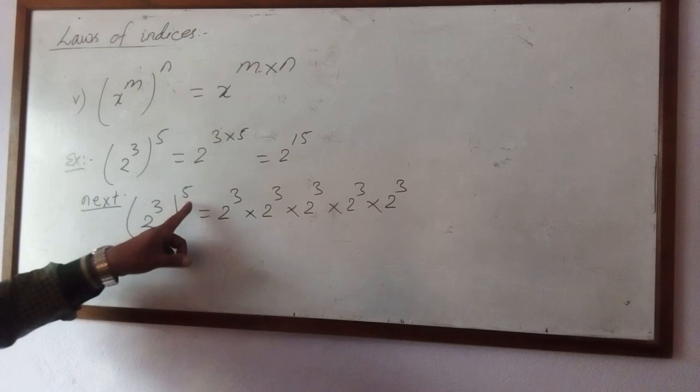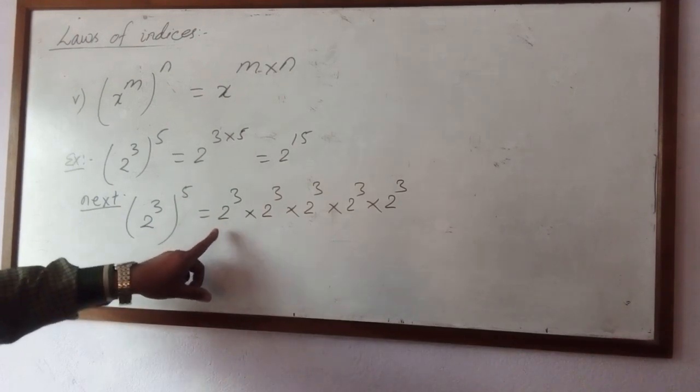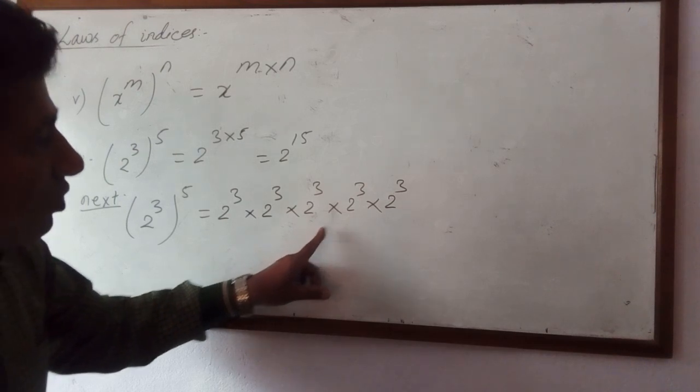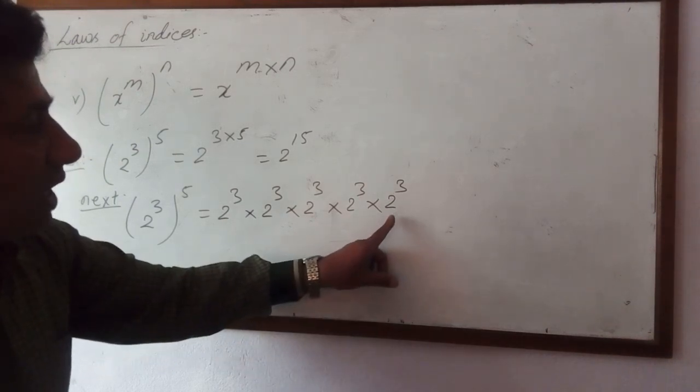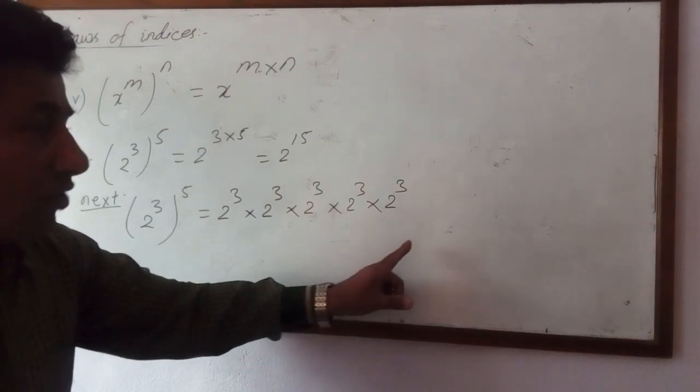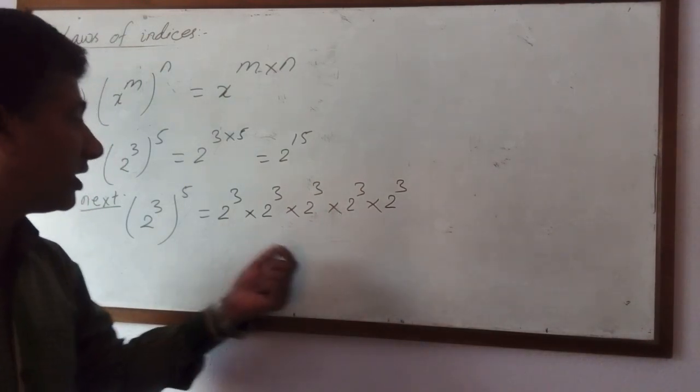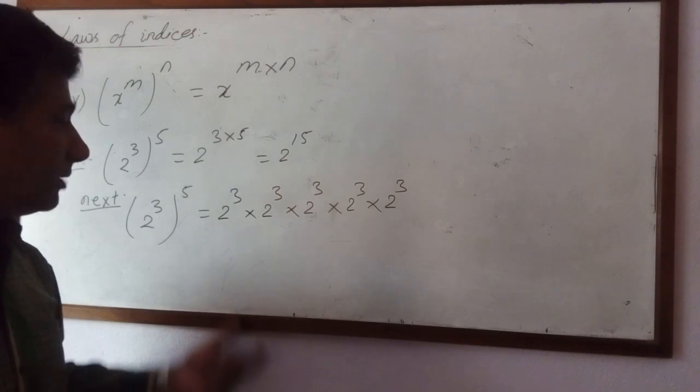If you write each 2 power 3 again as 2 times 2 times 2, you can write it like that also, but it takes more space. That's why you need to understand and not go like that. If you want, for your concept, you can do it.